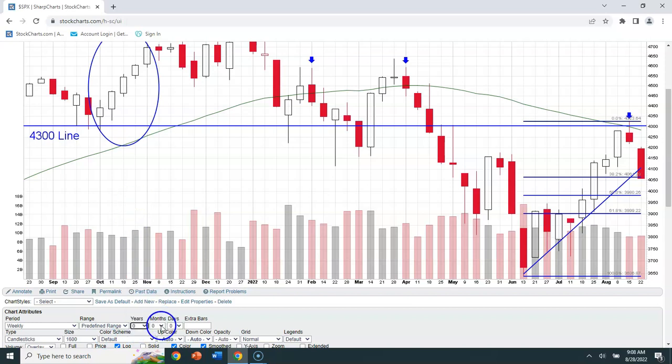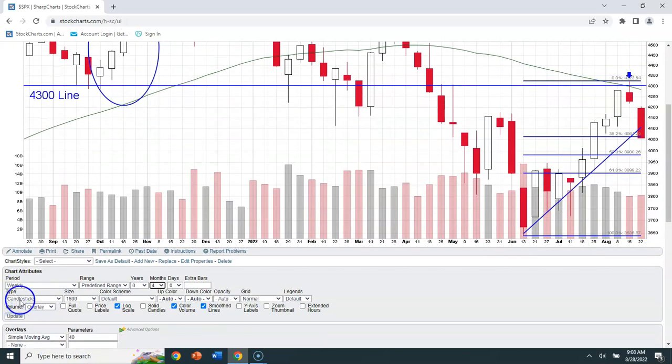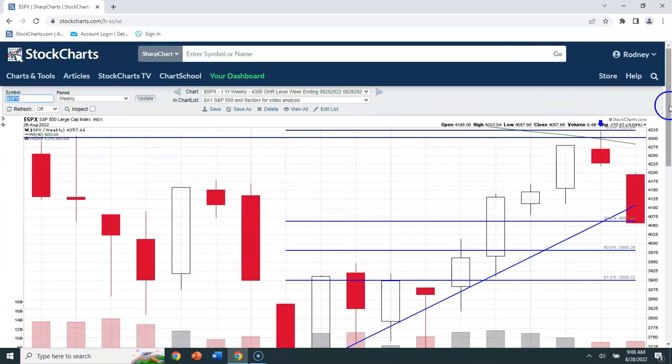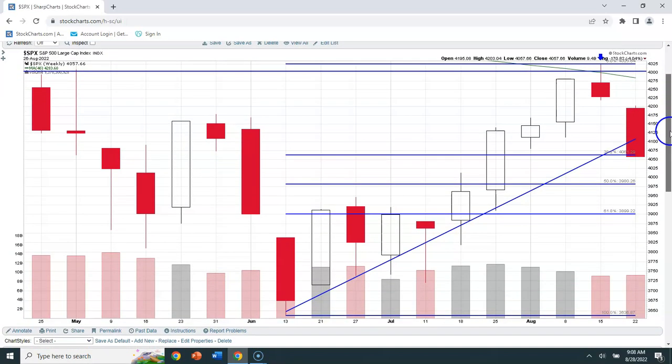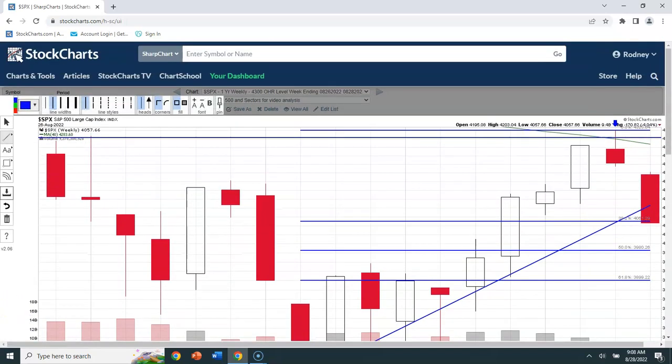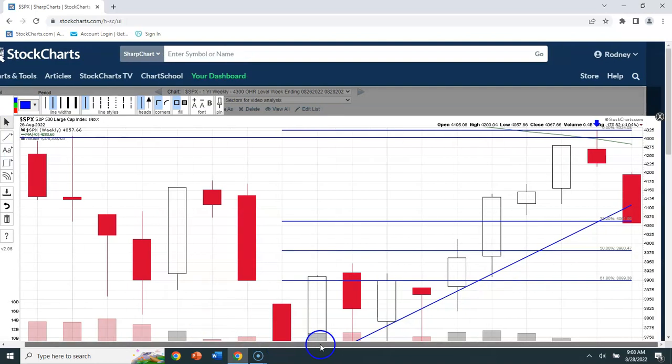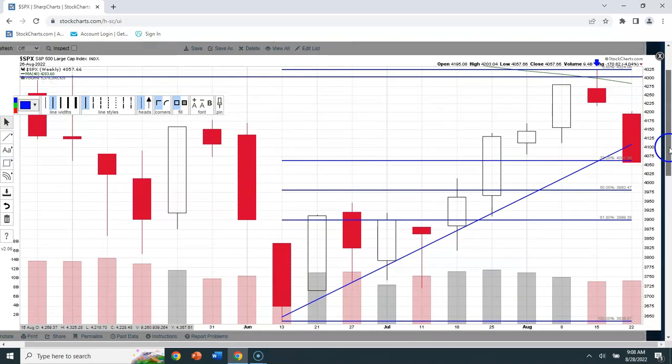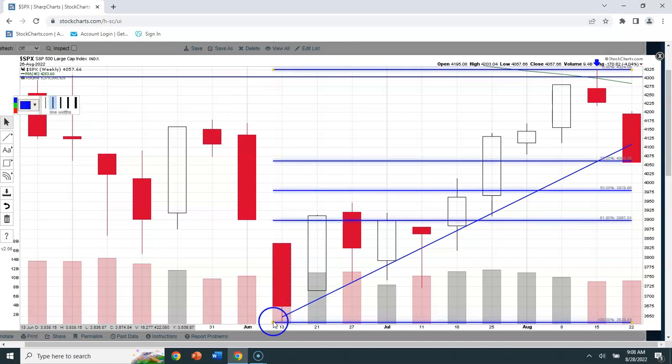I'm going to take this from one year to maybe about four months and see what that looks like. Hit the update button. We'll zoom in here on this chart. So what I've done here is I'm dropping this Fibonacci tool on top of the tail end of the candle, right?